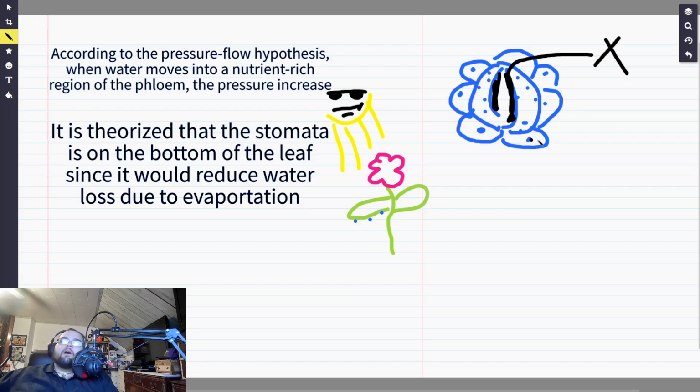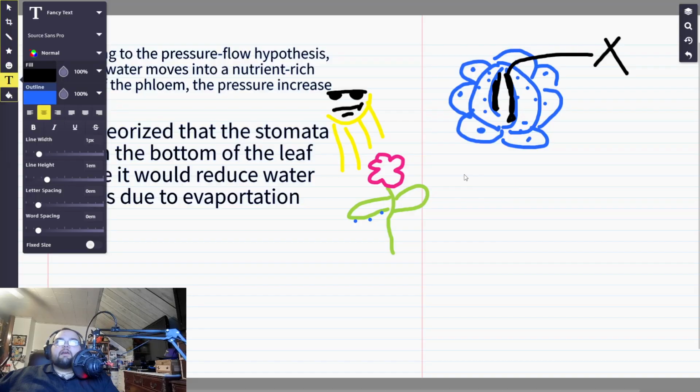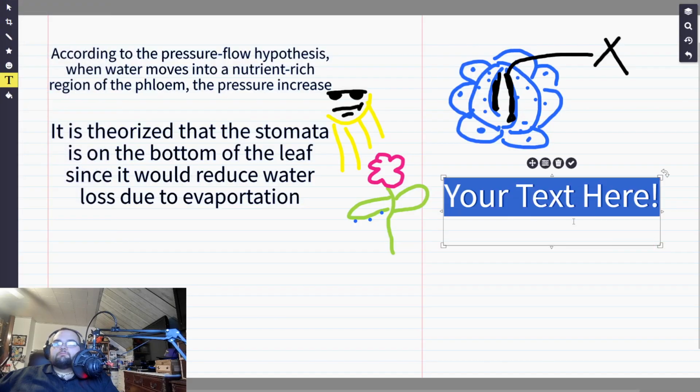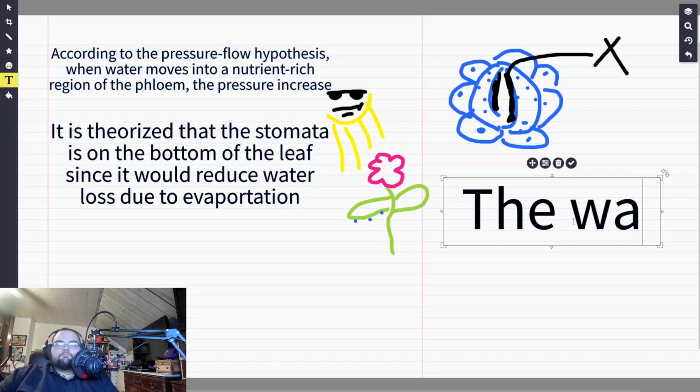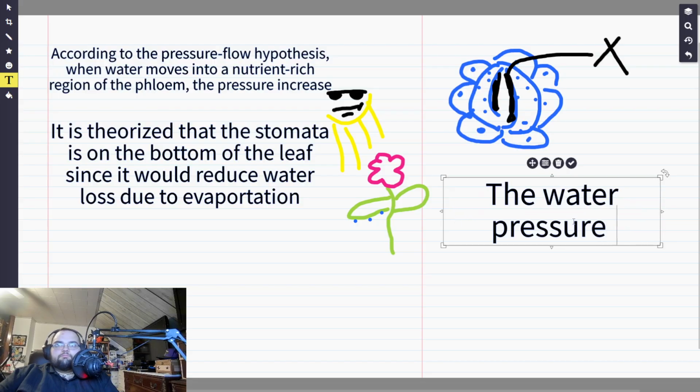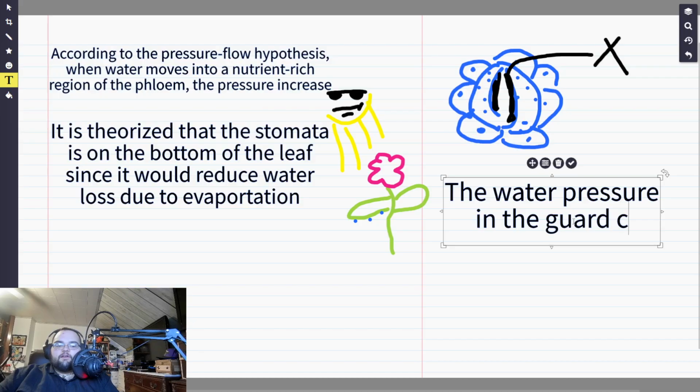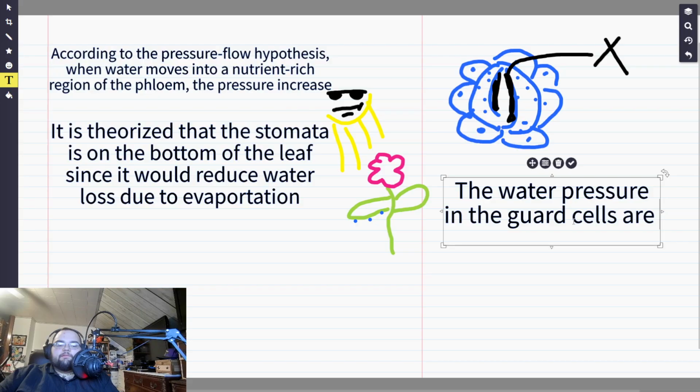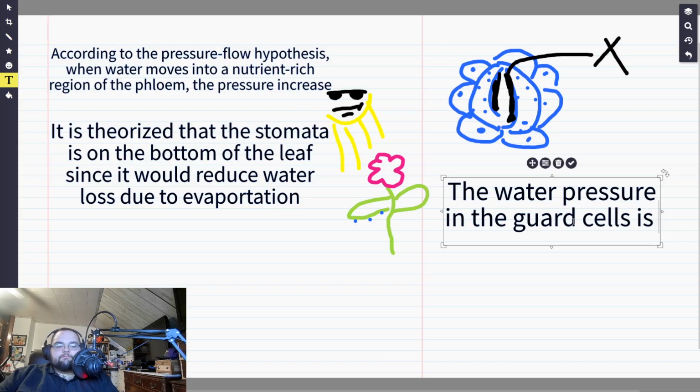Because of the widespread nature of it, we can tell something about the water pressure. And that is that the water pressure in the guard cells is high.